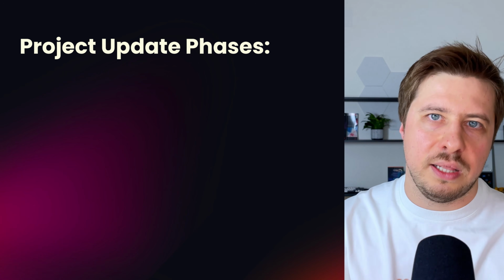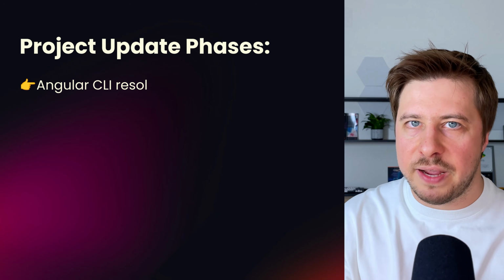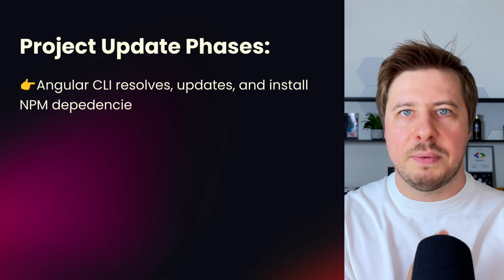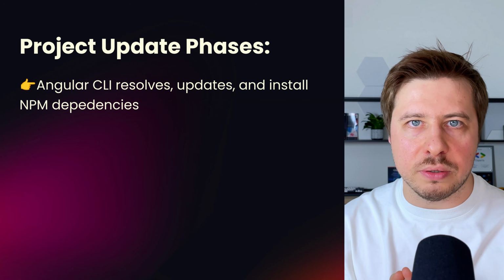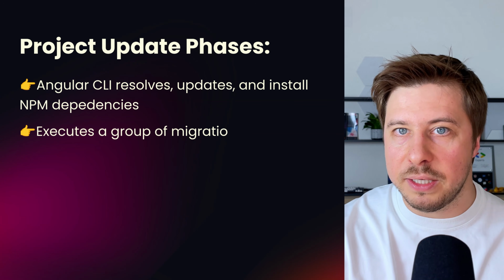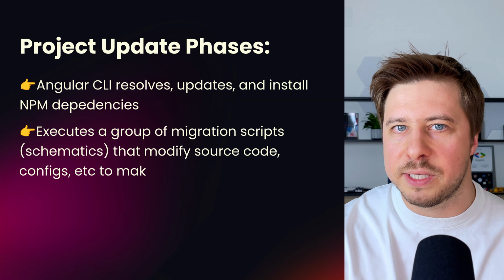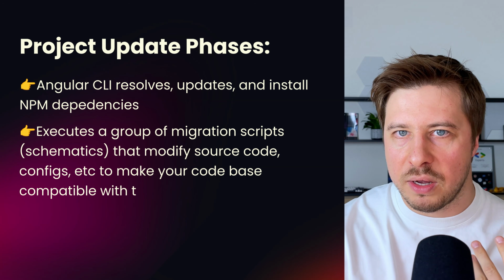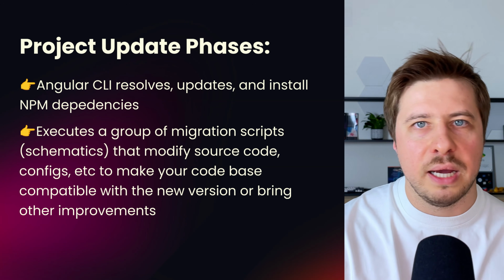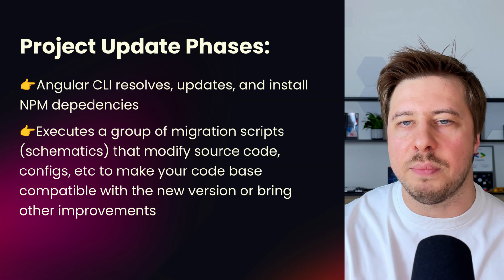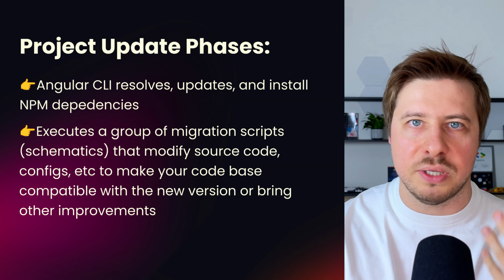Angular CLI performs migration in two phases. During the first phase, it resolves, updates, and installs certain NPM packages in your application. Once the first phase is completed, Angular CLI executes a group of migration scripts that might modify some of your source code files and configurations to automatically handle breaking changes and apply other improvements and cleanups so that you don't have to do it manually.